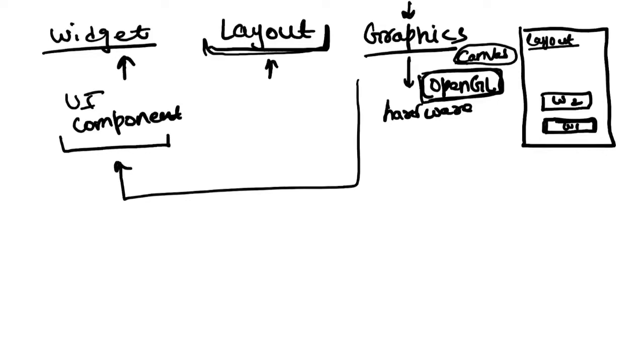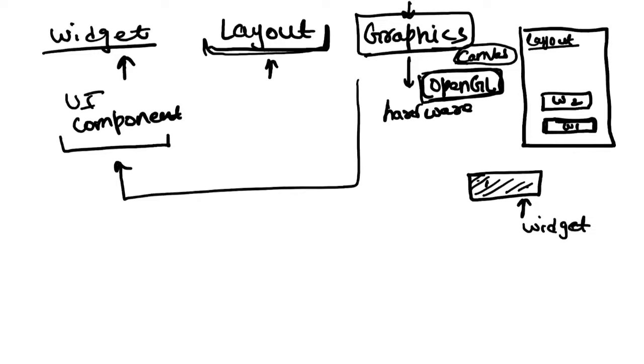Let's say for a button, the graphics would be a rectangle, and there could be a certain color within this button. You need to create this graphic, and once it is created, it will become your widget. So this is how it works. At a low level, you create the graphics first using the Python Kiwi library.